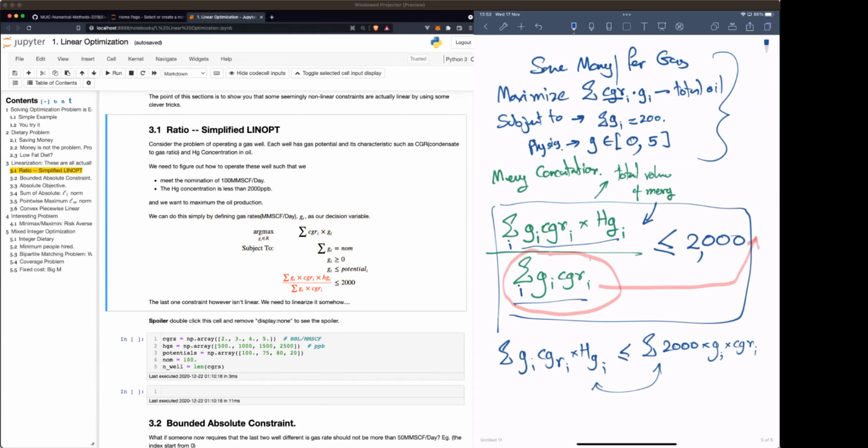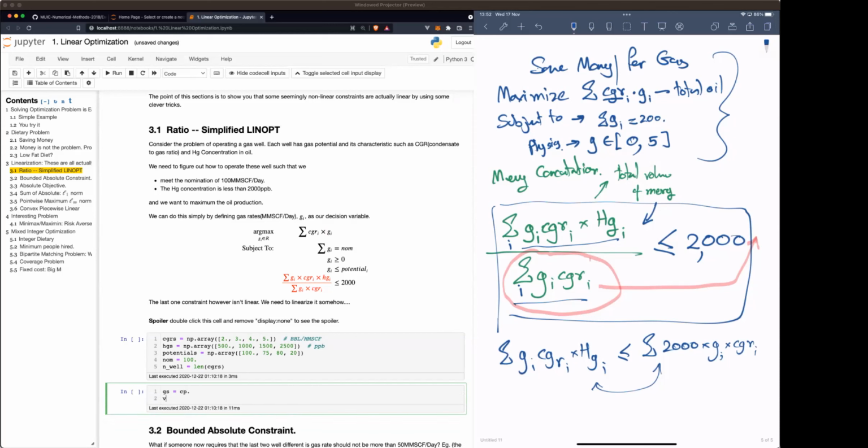Based on this, here's what I recommend you to do. You can say that G, I actually put GS is CP dot variable.